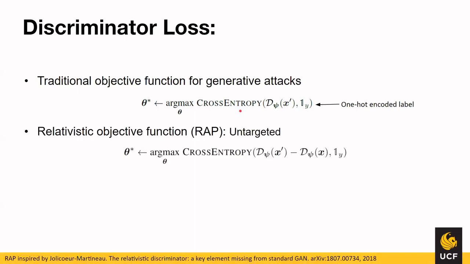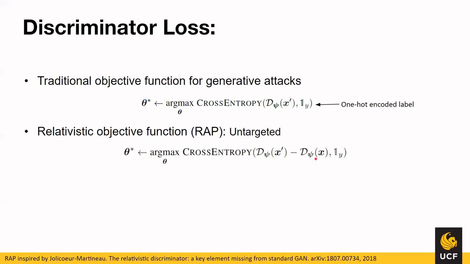But for relativistic loss, which is inspired by the relativistic objective function, they propose an untargeted function that tries to maximize the gap between the adversarial output and the clean output. What this helps us do is go further away from the clean image, basically.